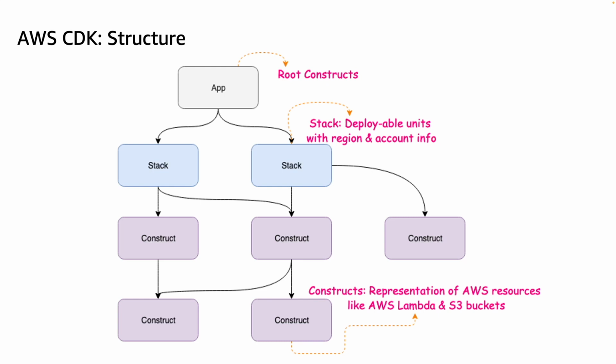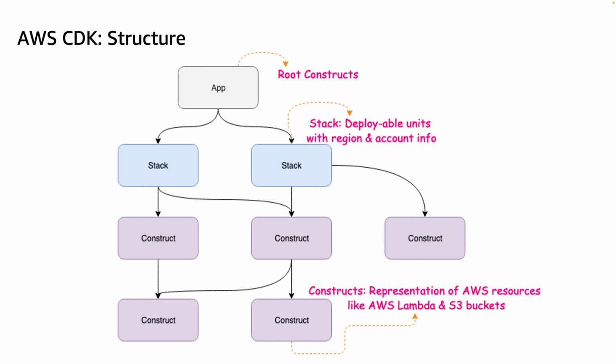Now the CDK structure, how everything works. From the top, you have an app, that's the root construct, and the root construct can have multiple stacks. That can be stack 1 for the dev environment, stack 2 for the production environment, or you can even test within the same environment with multiple stacks. So you can have multiple choices based on the business logic. You can create multiple stacks. Every stack can have 1 or more constructs. So think of a construct like the smallest unit in the CDK.